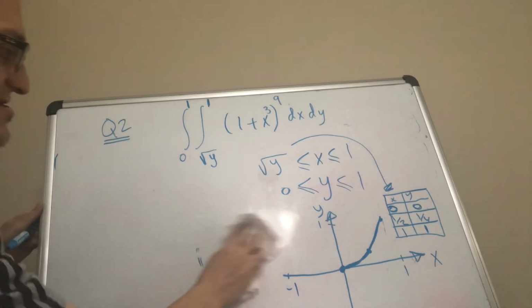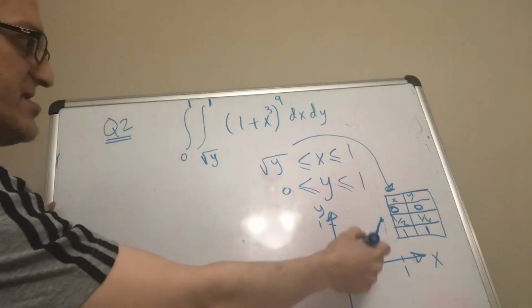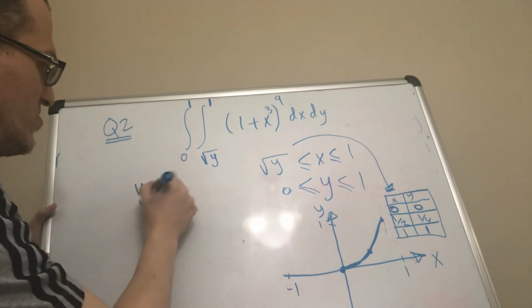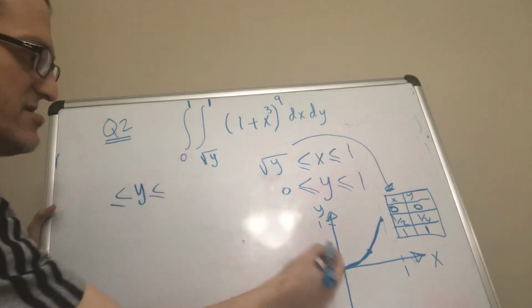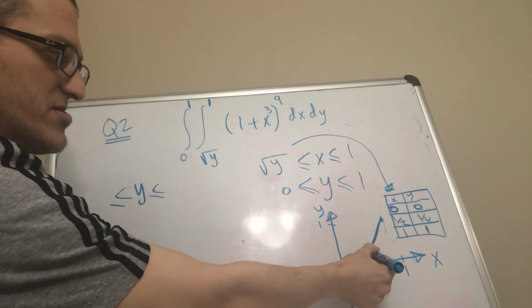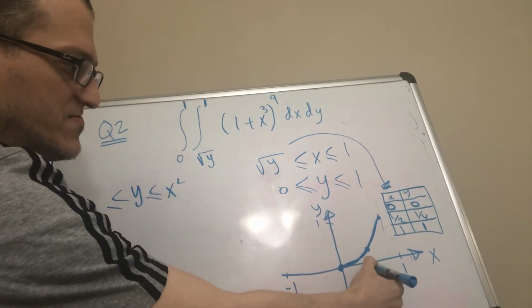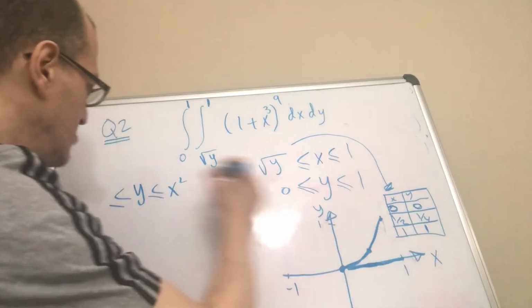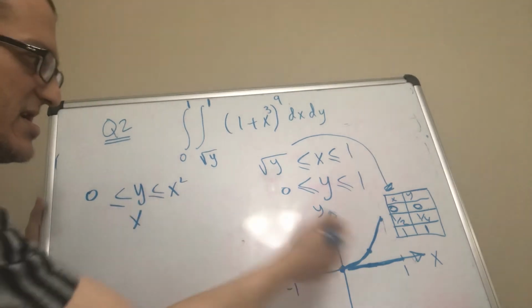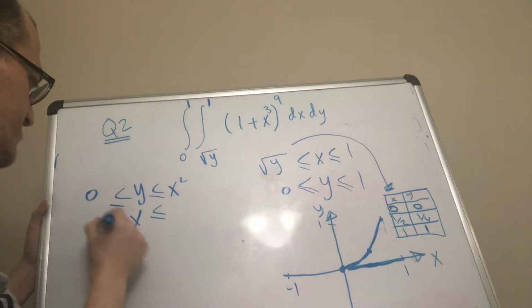So now you can say, well, okay, this is my graph. If this is my graph, y is limited between the upper curve and the lower curve. Upper curve belongs to the x squared, and the lower curve belongs to 0, for the x value between 0 and 1.